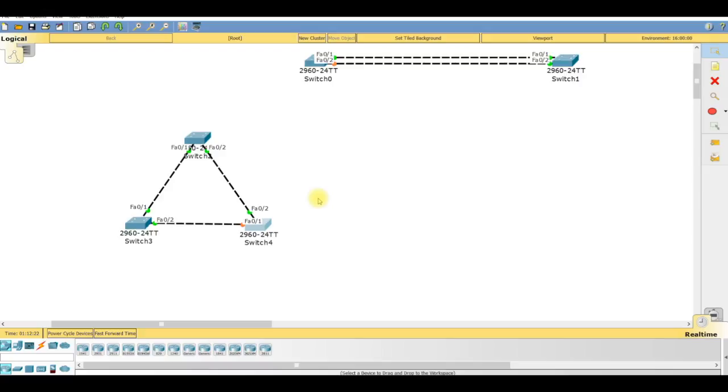Okay, so to go over it, the root bridge has the lowest MAC address because all the bridge priorities are the same. This is not the root bridge because it doesn't have the lowest MAC address, so it's designated a non-root bridge. And its ports, the ones that face the root bridge, will become root ports.